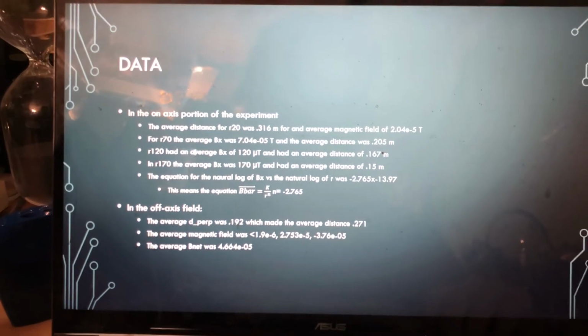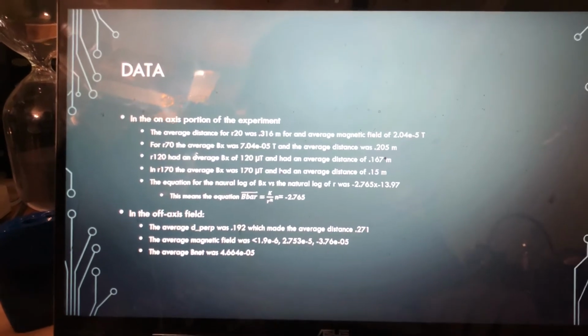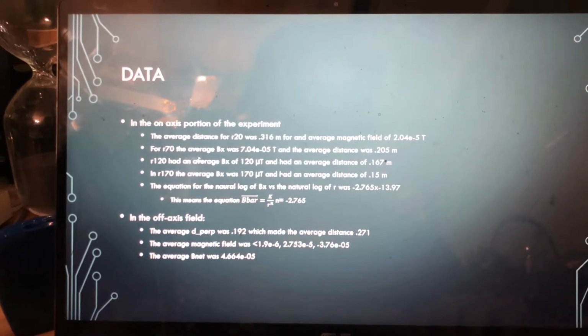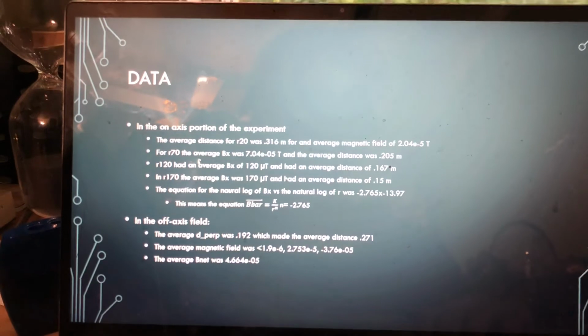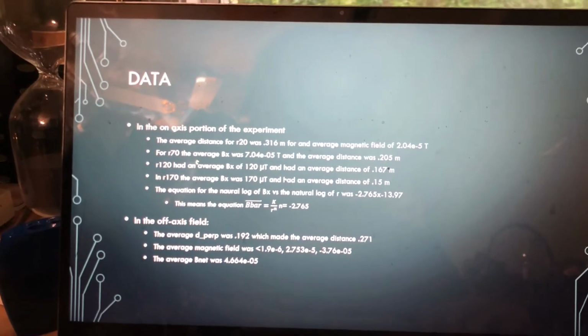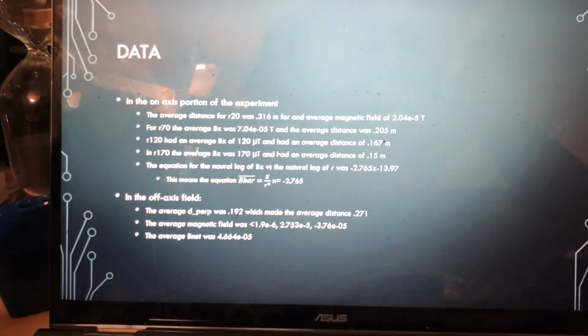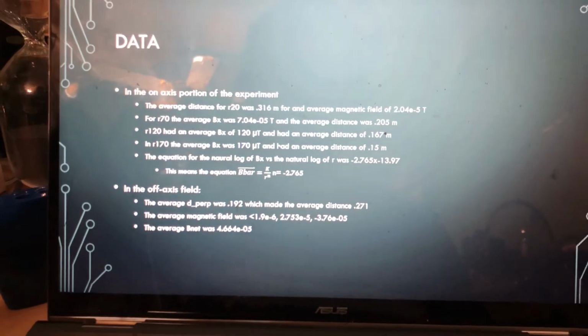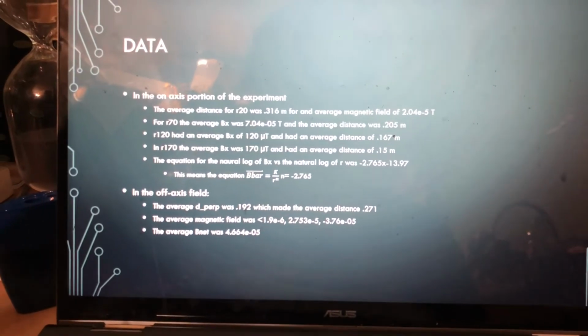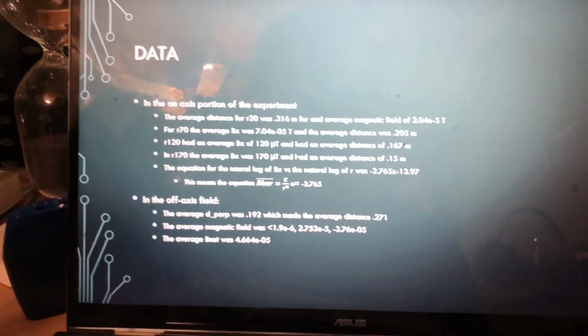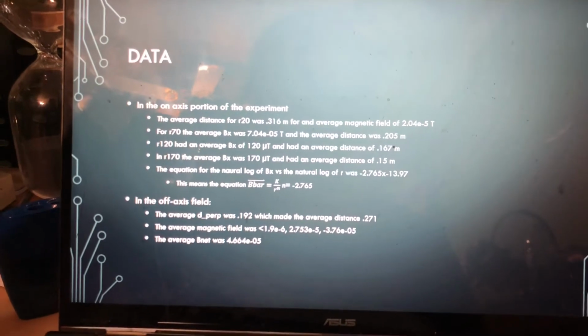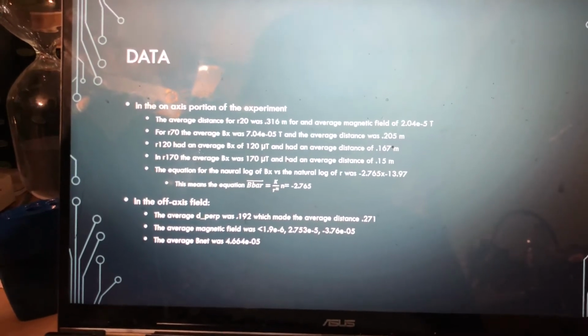In R120, the average x component of the magnetic field was 120 microteslas, and had an average distance of 0.167 meters. In R170, the average Bx was 170 microteslas and had an average distance of 0.15 meters.